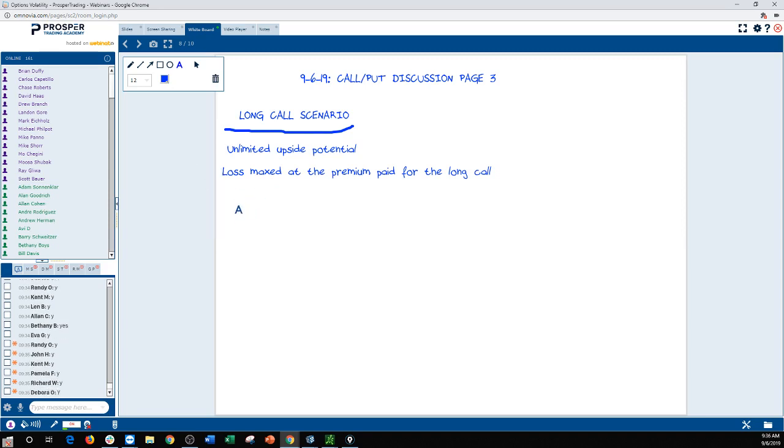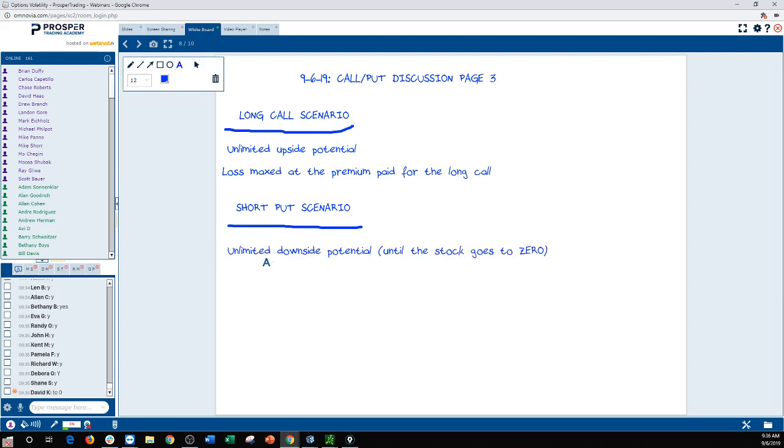Okay. And in my short put scenario, I have unlimited downside potential, at least until the stock goes to 0.